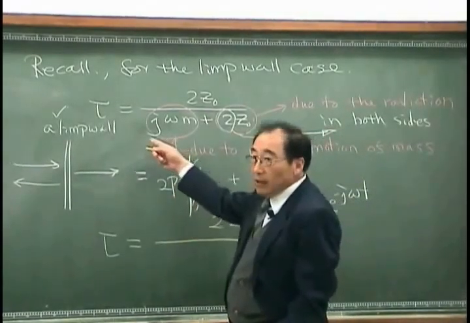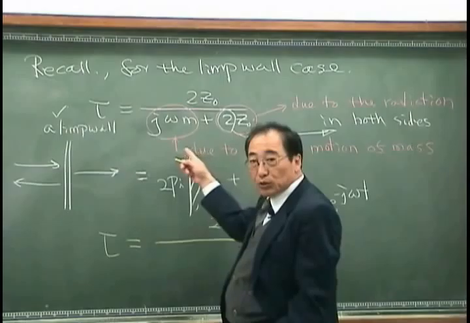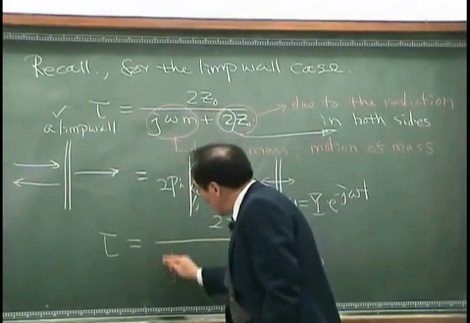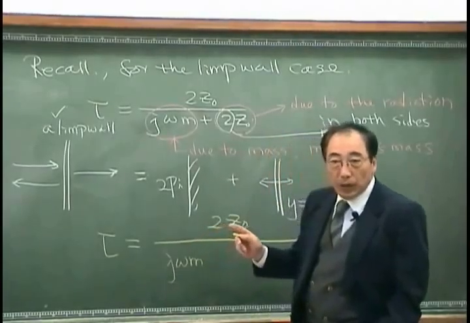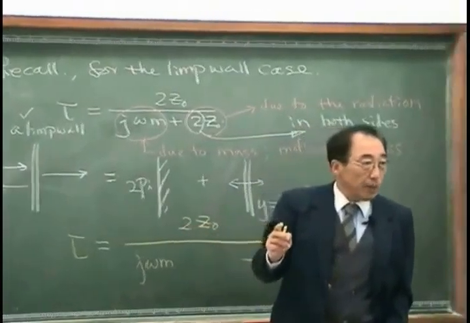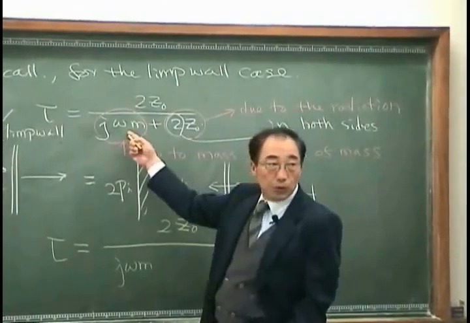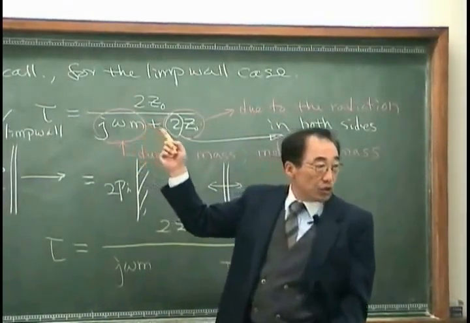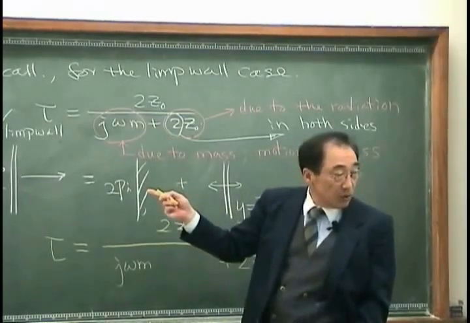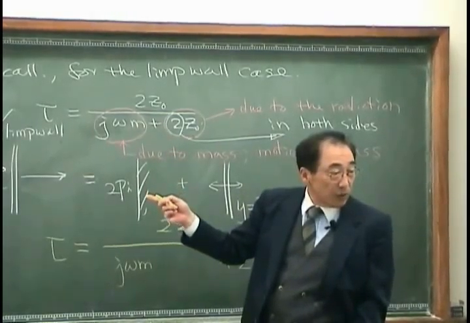and then the contribution due to partition would be composed by 3 components. One is due to the motion of mass, j omega m, and the other one is due to the motion of spring.